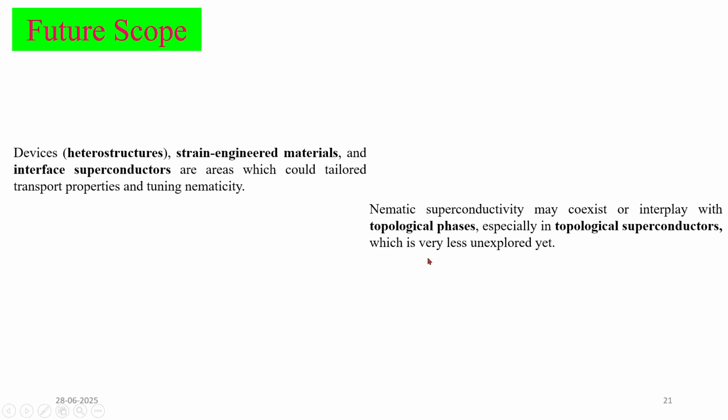And second, one important point is that nematic superconductivity may coexist or interplay with topological phases, especially in topological superconductors, which is still very unexplored. So nematic superconductors along with topological materials, because topological materials are very much affected by superconductors if we make a close connection between the superconductor and topological materials.